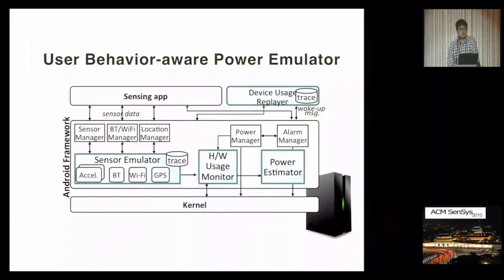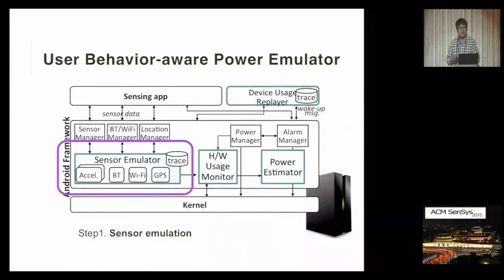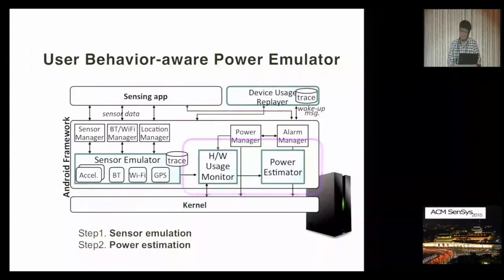The power estimation process consists of 3 major steps. First, the sensor emulator mimics the physical sensor device to fulfill the sensing application request. It feeds the sensor data and emulates the power state of the sensor devices. Second, the hardware usage monitor tracks the system calls made by the emulator to use hardware components.